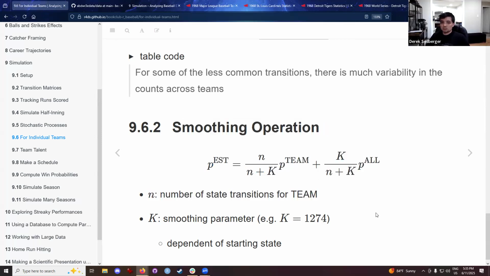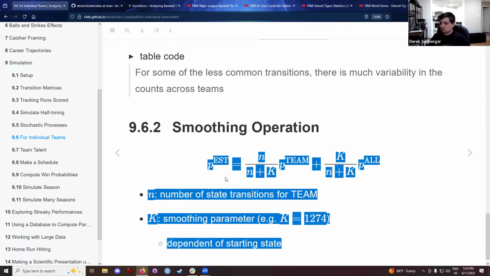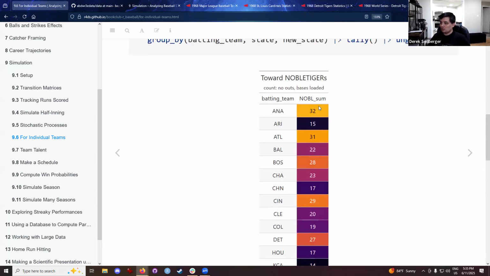What the textbook authors suggest, and what has been done for a while, is the smoothing operation, which is essentially a weighted average of the probabilities of going to a state based on the team and the overall league average. With a little bit of math, instead of reporting 32 noble situations for Anaheim, you would reduce this number back down towards the mean of the league average.